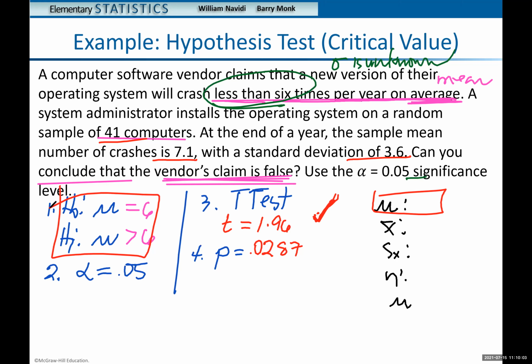Whatever your hypothesis is, you have to use that 6 here. The sample mean is given, 7.1. The standard deviation is 3.6, and the sample size is 41.